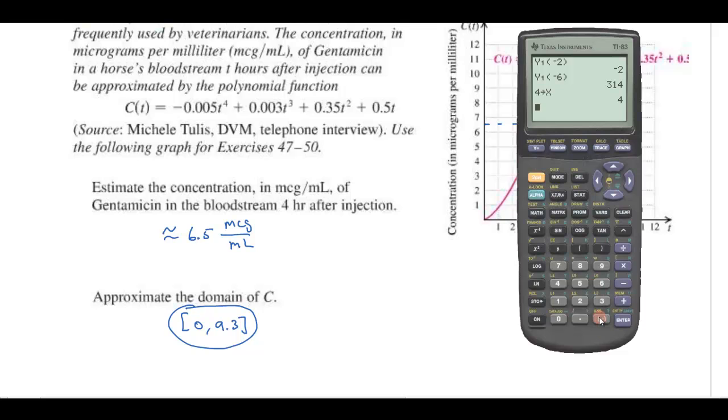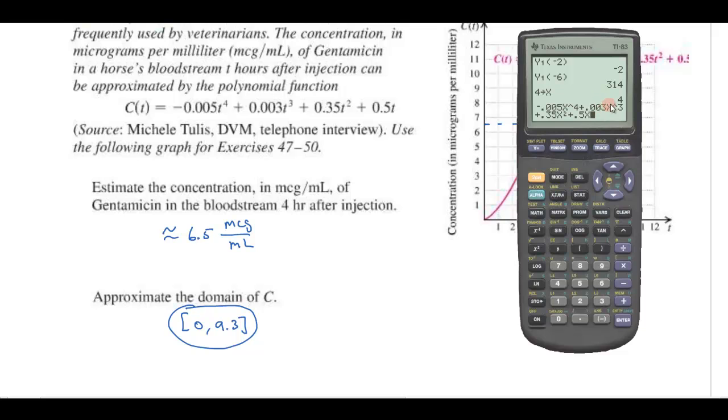I'm going to put negative 0.005 x to the 4th power plus 0.003 x to the 3rd power plus 0.35 x squared, and then plus 0.5x.